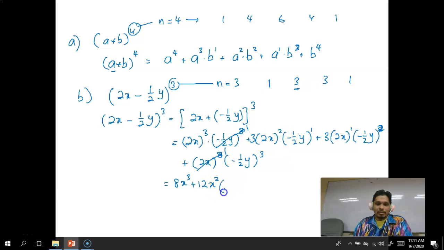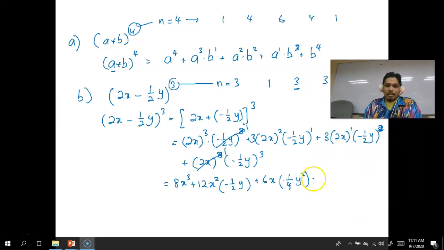Times negative 1 over 2y, plus 3 times 2 equals 6x, and this is negative half squared, it becomes 1 over 4y squared, and then plus, for negative cubed, becomes negative 1 over 8y cubed.